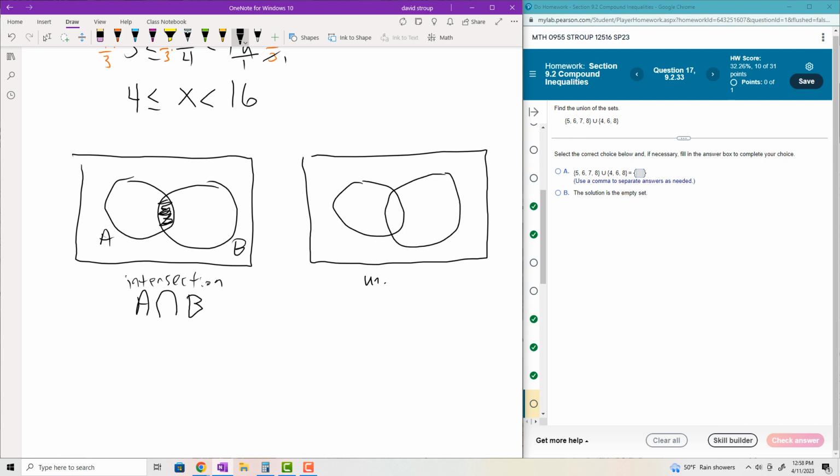So for union, if this is A and this is B, you just take everything together. Okay? So anything that's in A or in B. And we use the U symbol for that. That's a little easier to remember because union begins with the letter U.